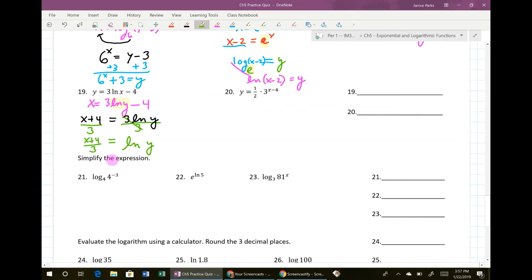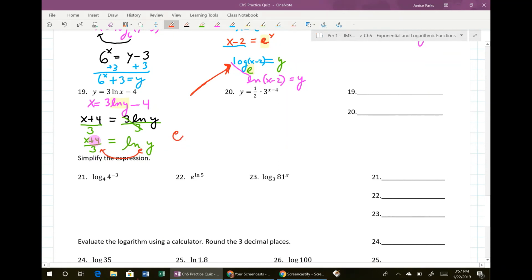The last thing I need to do is change that into exponential form because it's in log form. Every logarithm has a base, even if it's not there. We just finished going over it in number 18. If it's a natural log, it has a base of e. So the base will be the base of the exponent.